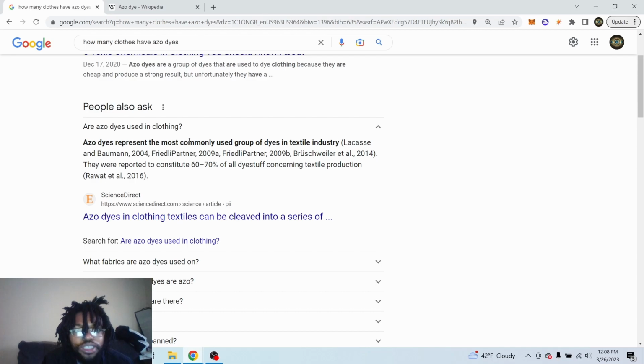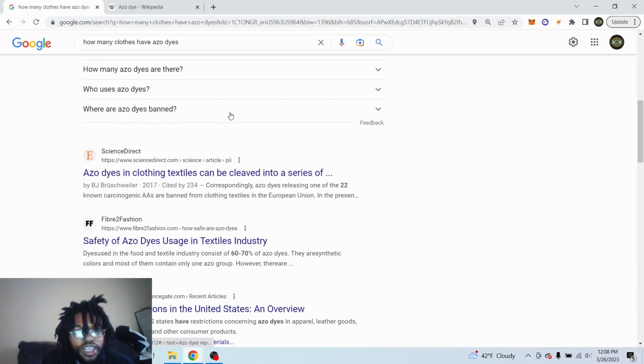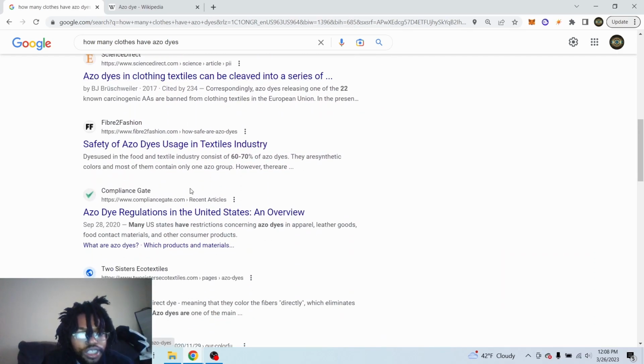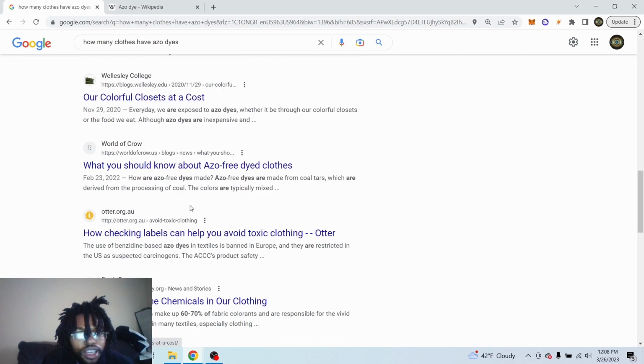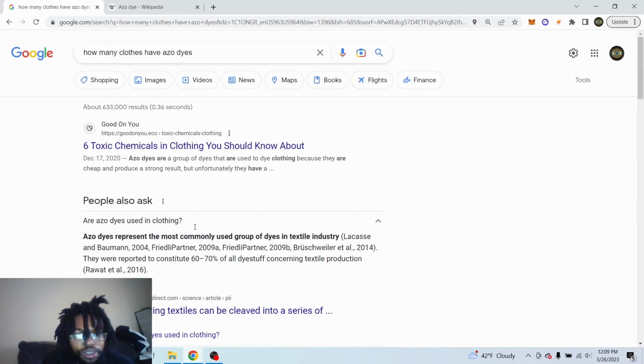Azo dyes represent the most commonly used group of dyes in the textile industry. And then they keep on listing all these different types. I don't know all that stuff. I just wanted to see a percentage maybe. But well, maybe the percentage is so high.